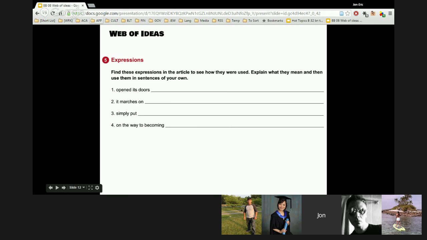I could also say, with the new legislation, for example, in America they passed marriage equality. So the federal government has opened its doors to equal rights for same-sex couples. It's opened its doors. So what has the government done that it hadn't done before? In other words, what does opens its doors mean? They approve.